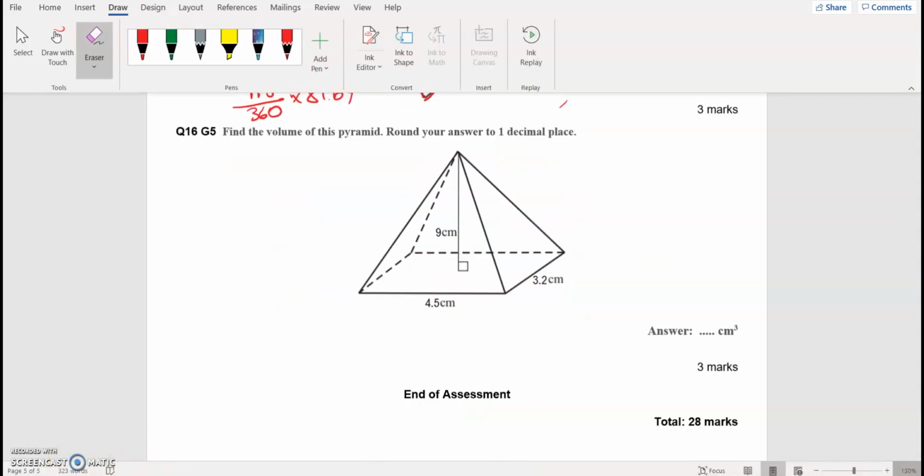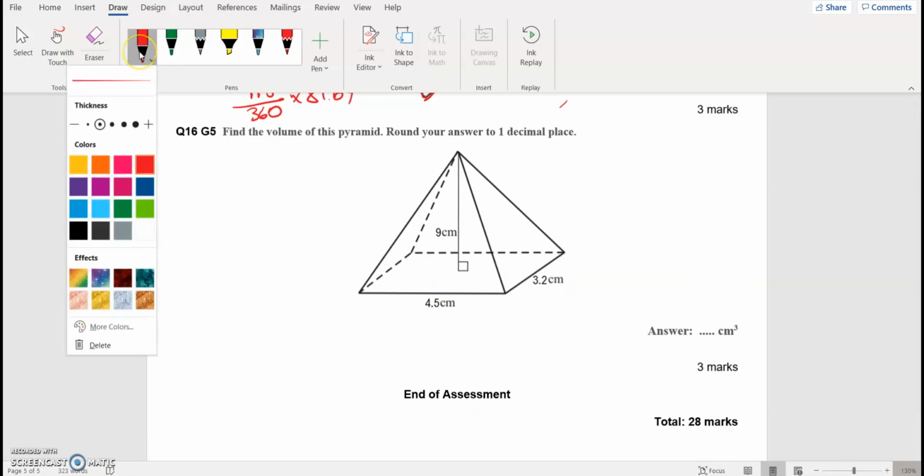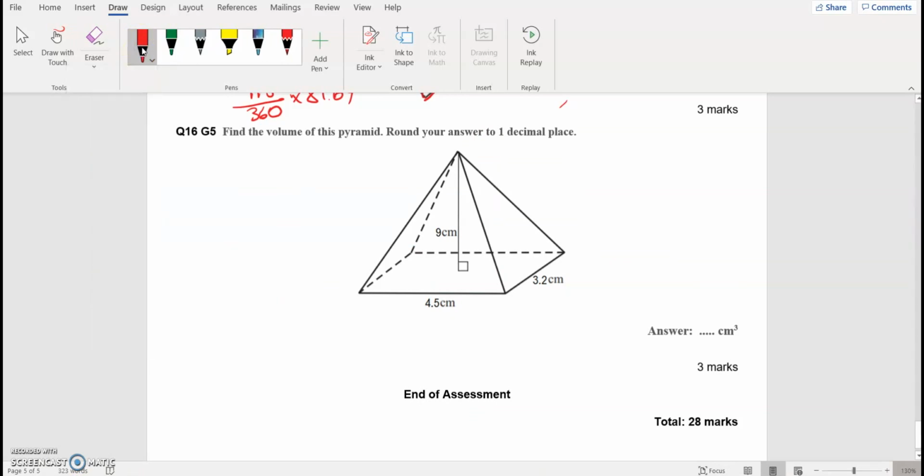Find the volume of this pyramid. Round your answer to 1 decimal place. So to find the volume of a pyramid, we need to use its formula.